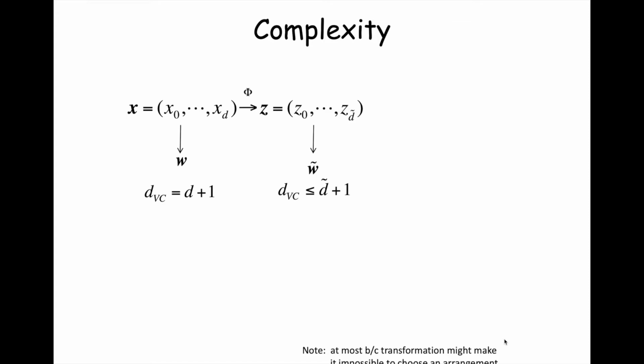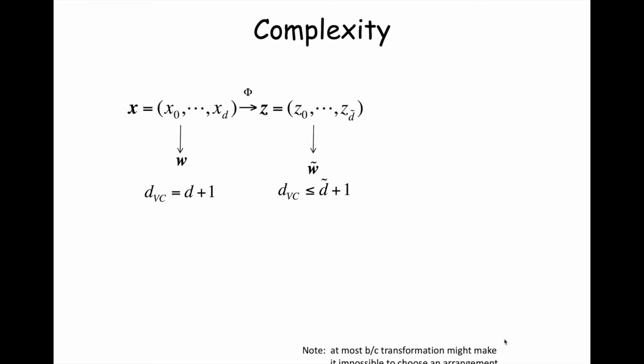So you can imagine two different points from our original input representation, say x1 and the second point, they could each have a different class label, say +1 and -1. But it could happen that when you perform that nonlinear transformation, it might map two different X vectors onto the same Z vector.